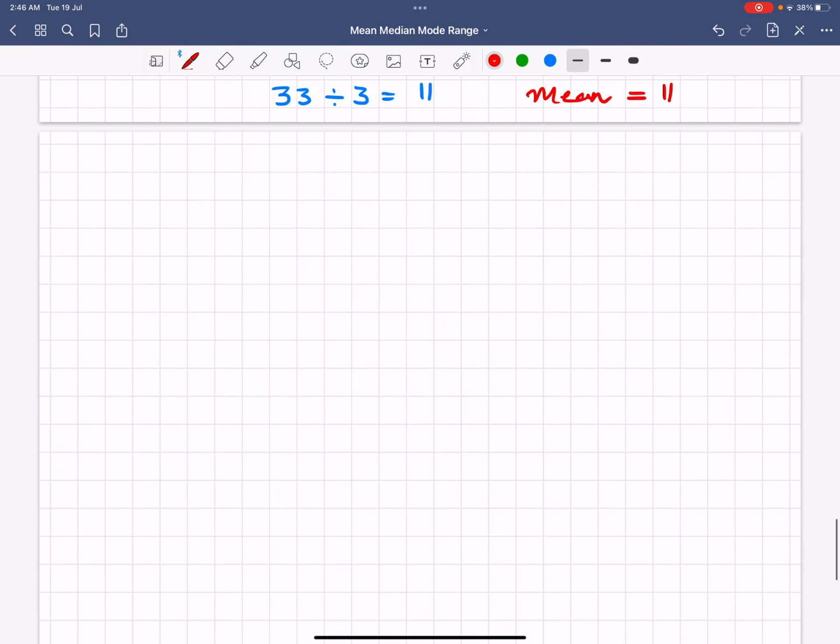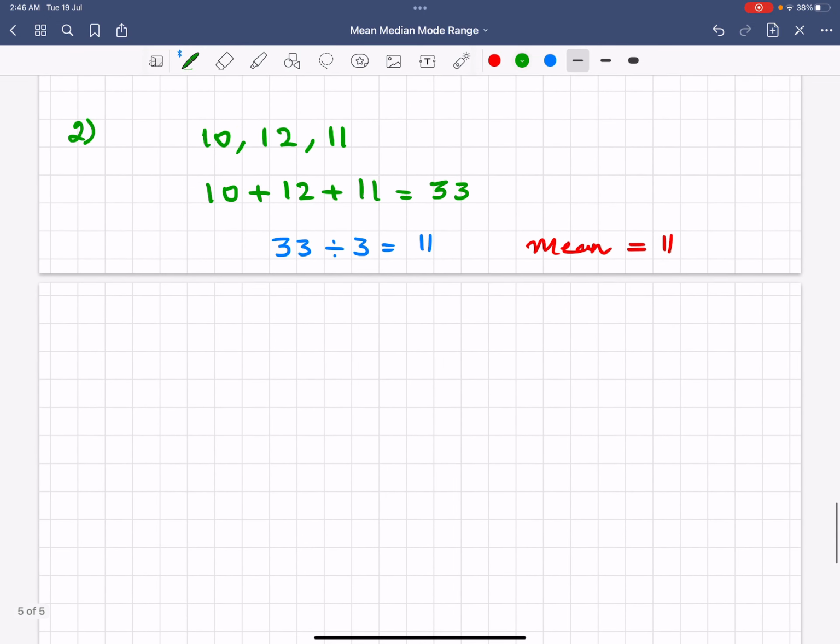Let's try a couple of more examples. Question number 3. We have the numbers 5, 15, 20 and 10. First step, let's add up all the numbers. When we add up 5, 15, 20 and 10, we get 50.